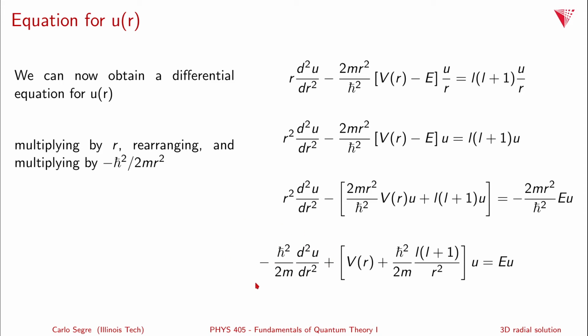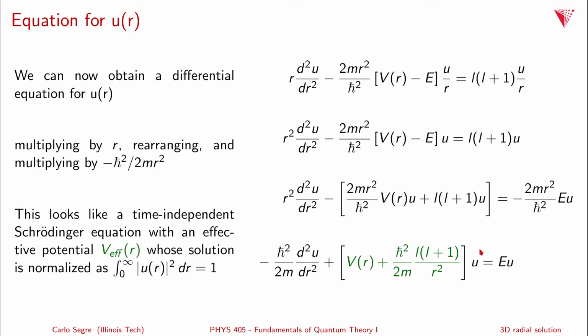This looks very familiar. It's the first term of the one-dimensional Schrödinger equation, sorry. And then you have V of r plus h bar squared over 2m L(L+1) over r squared, all times u equals E u.